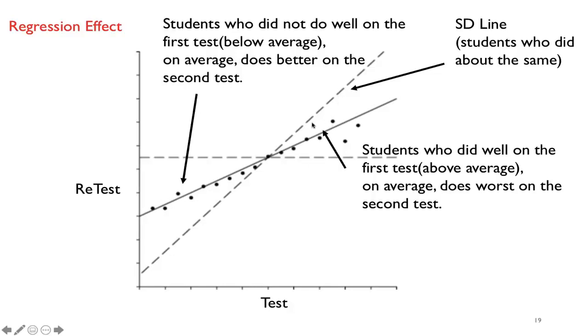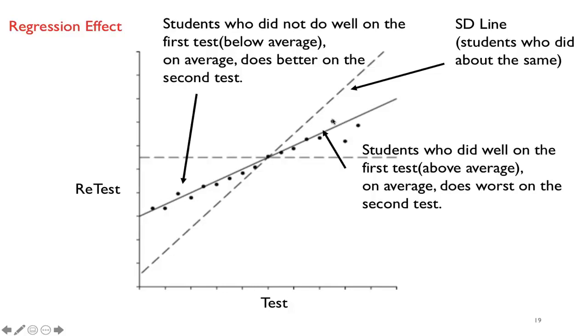So again, I think the easiest one to understand is probably these students here, because these students' scores are above the average on the first test. That means they did better on the first test. But notice that their score on the second test is actually below the SD line.